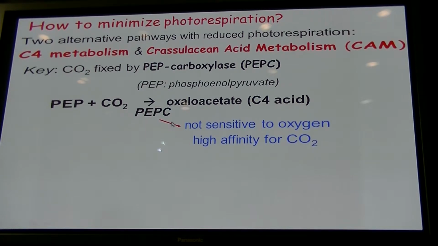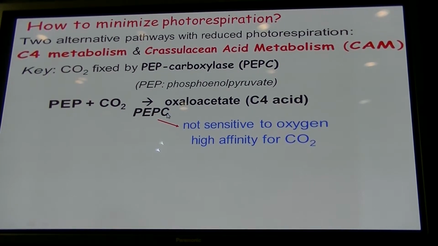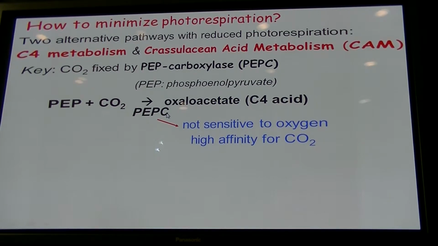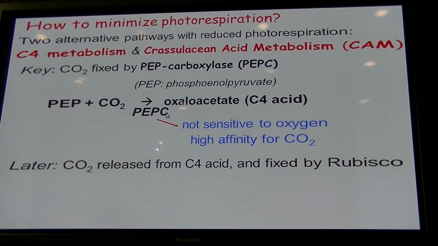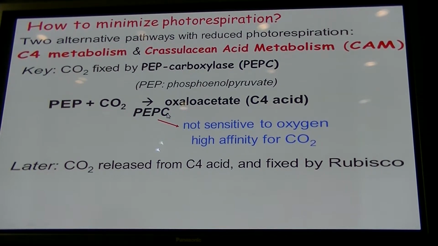The big trick is that the PEP carboxylase is not sensitive to extra oxygen. It doesn't have that oxygenase reaction at all. So it can just fix CO2 even at low concentrations. But there's no way in which this enzyme can be part of a cycle. So ultimately we depend on the Calvin cycle.